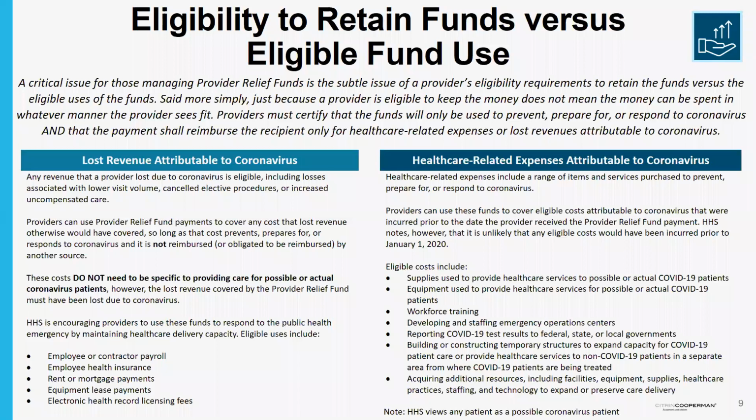The sort of easier to understand category really is the expenses attributable to coronavirus. So HHS has set forth what some of those supplies would be, and it's probably what you would expect. It's those extra costs that you've incurred as a provider to be able to protect patients that are coming in, protect your employees for providing care in the day of coronavirus.